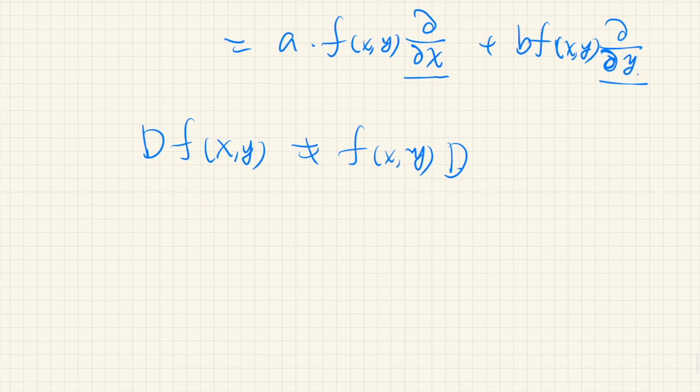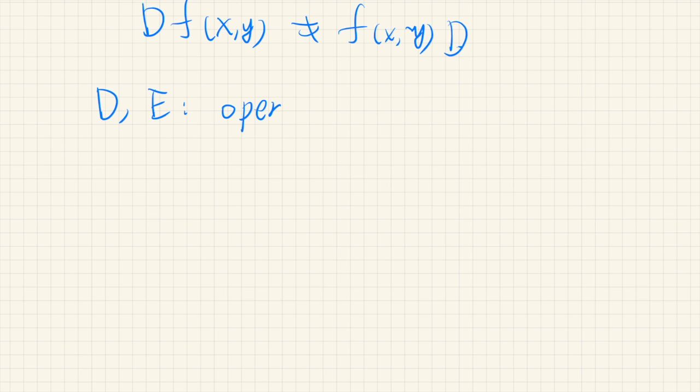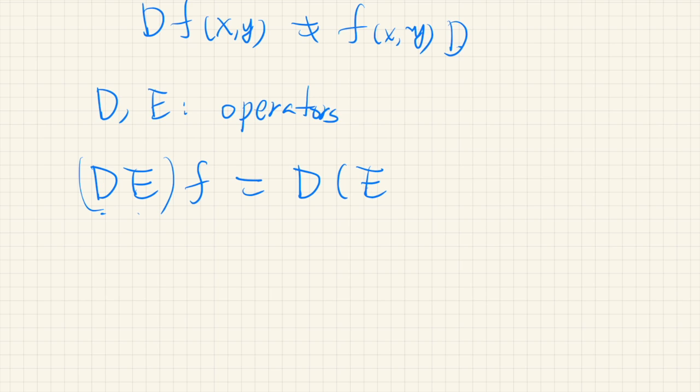We can also compose two different differential operators. So let's say we have d and e, which are differential operators. Then the product between two different operators is defined by its effect on a function. So this is defined by this.